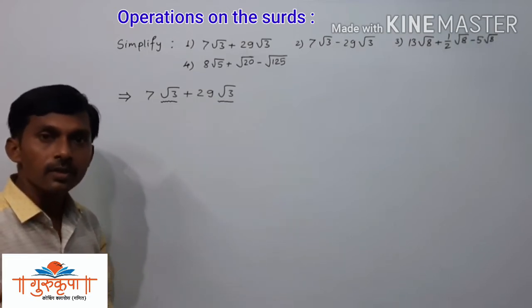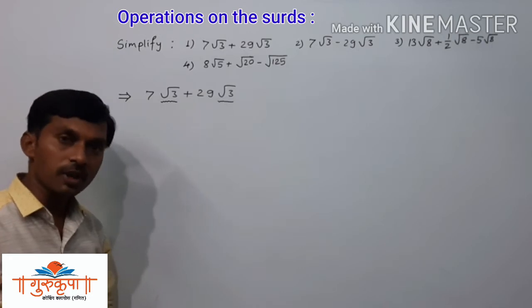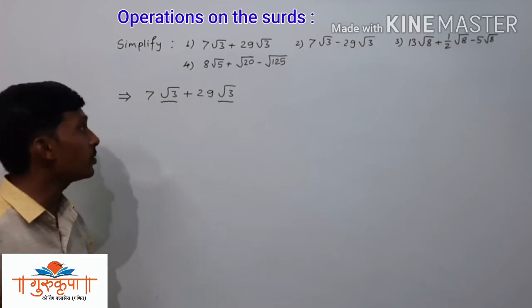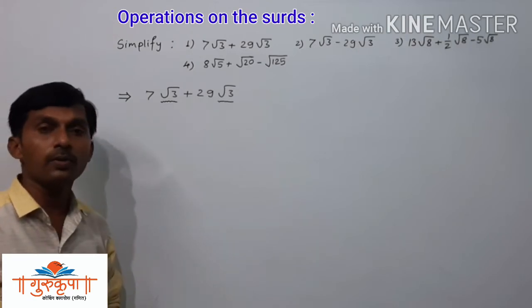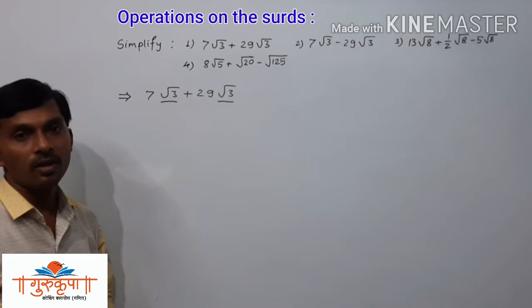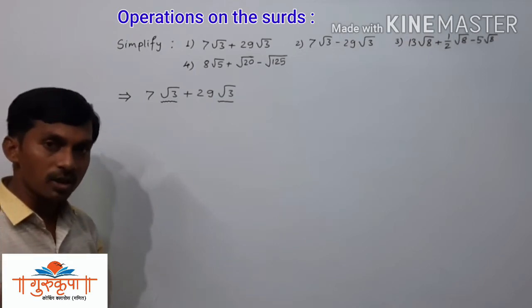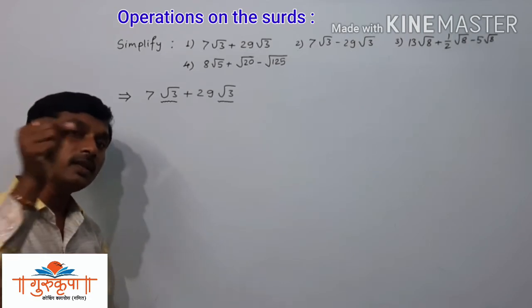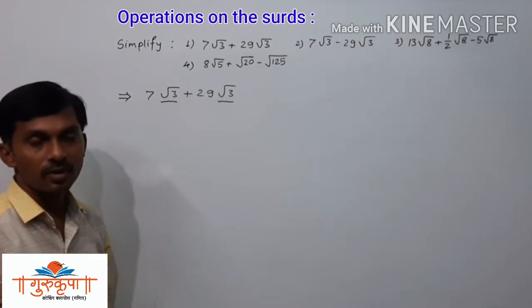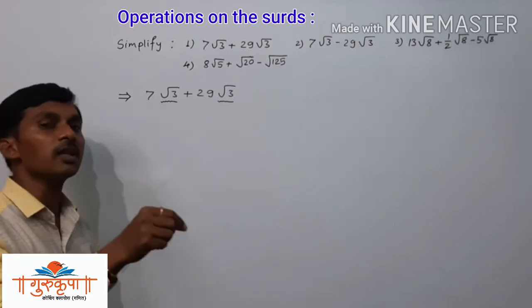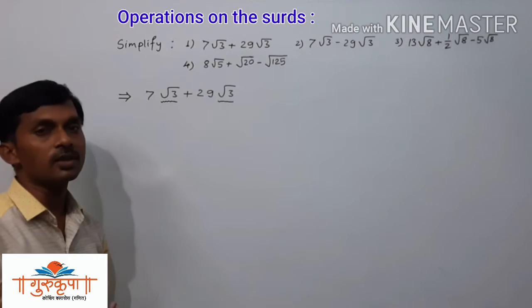While taking the addition or subtraction, these surds should be similar surds, or simply we can say that we can add or subtract only the similar surds, or you can say like surds.